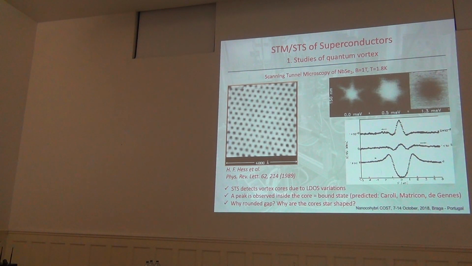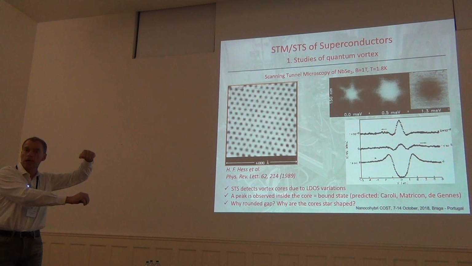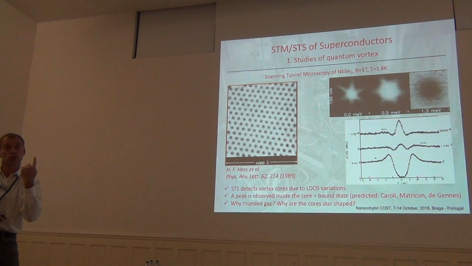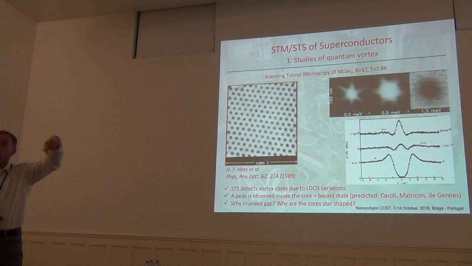This peak corresponds to the Caroli-de Gennes-Matricon bound state, because the normal core is a place where normal electrons or quasi-particles can exist with no problem, while they cannot exist in the superconductor because of the gap. So the vortex core is like a quantum well. You know a quantum well? You have electrons here and a barrier outside, so you have some bound states inside. The only difference between semiconducting quantum wells and this is that you have very specific boundary conditions, because the phase turns 2π over the vortex core. This makes a very serious difference.